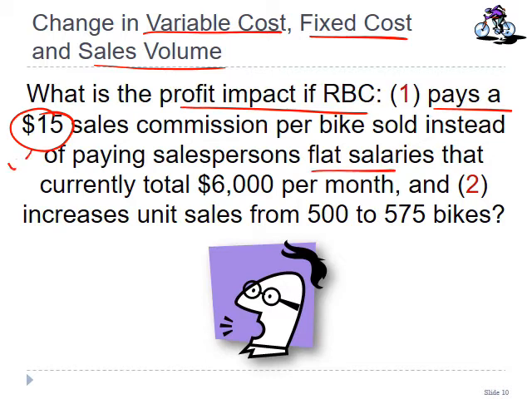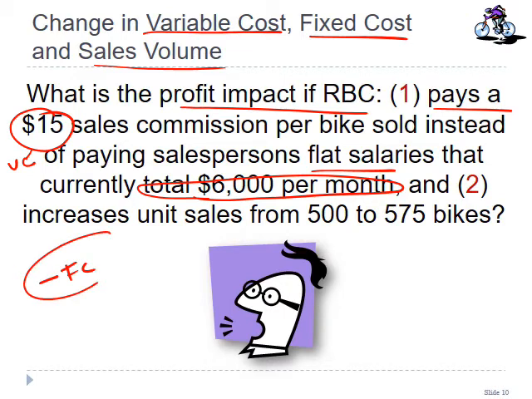It means it would be added into variable cost. Currently their fixed salaries total 6,000. It means they don't have to pay 6,000 in salaries, a reduction in fixed cost by 6,000. And there is an increase in units from 500 to 575 bikes.